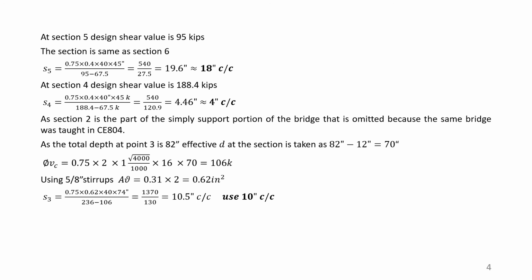Using 5/8 inch, here we will be using a little higher diameter, otherwise the spacing will be too close. And as the depth of the beam is big, a higher diameter is more suitable. Av is 0.31 into 2 is 0.62. If we put all the values like previous calculations, we get a value of 10.5 center to center, and we have to use 10 in center to center.